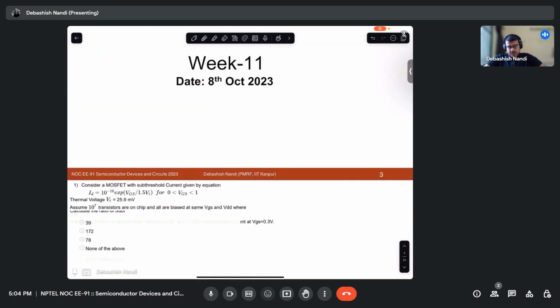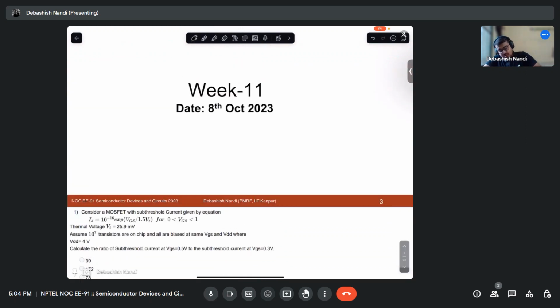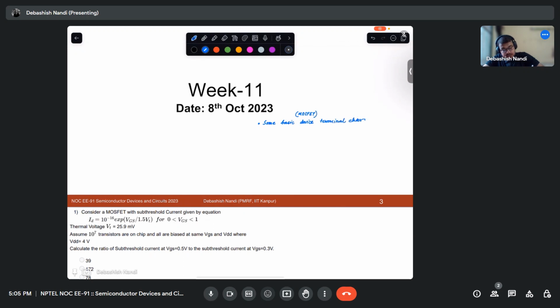So today, what will we discuss? Today we will discuss some basic device terminal characteristics. Device means MOSFET. Terminal characteristics.